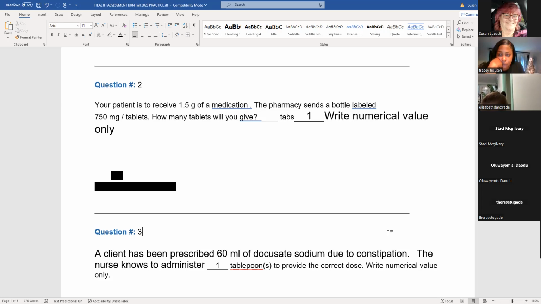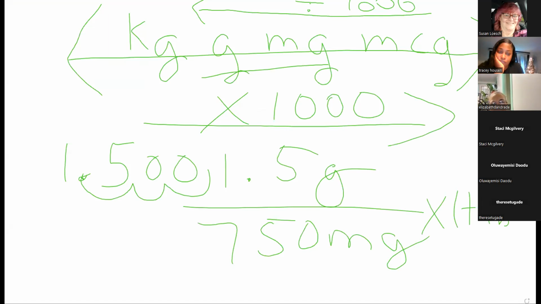All right, so we had 1.5 grams. We converted that to 1,500. Now we have 1,500 milligrams divided by 750. So that should give us 2 tabs, right? Yes.